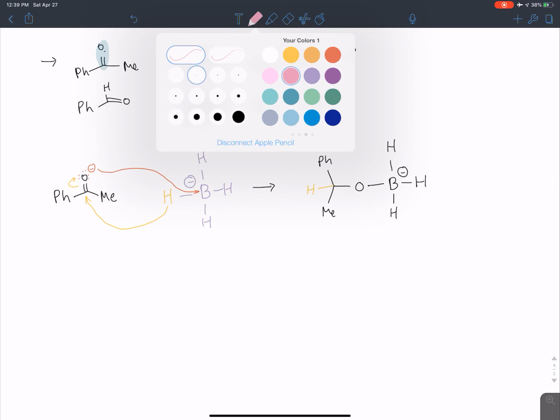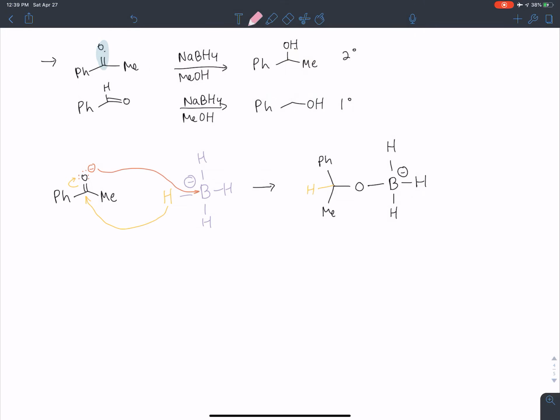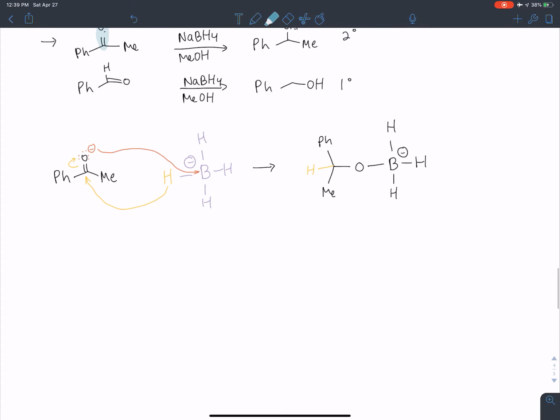Now, this is not all, because a big hint for you to know is that every time you see boron right here, you're probably going to have to do the step multiple times. And we have how many more? 1, 2, 3 more hydrogens to work with, right?